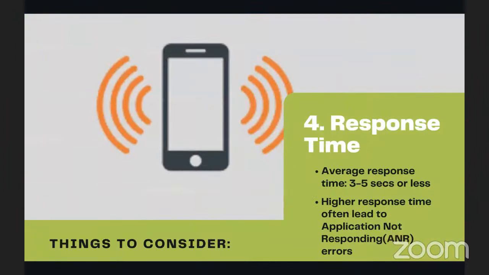The other factor was the response time. If you're going to build a proper user-oriented mobile app, one thing to consider is, by response time, I mean how fast your app is. Like how fast does your app take to fetch images, to display images, or rather to display other information to your users.